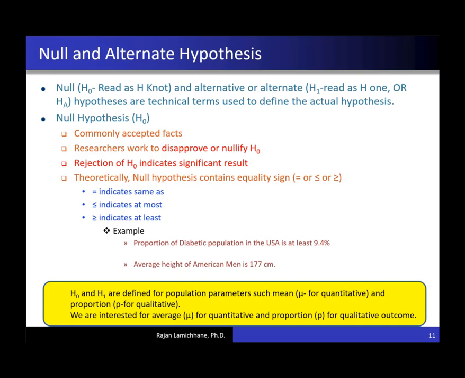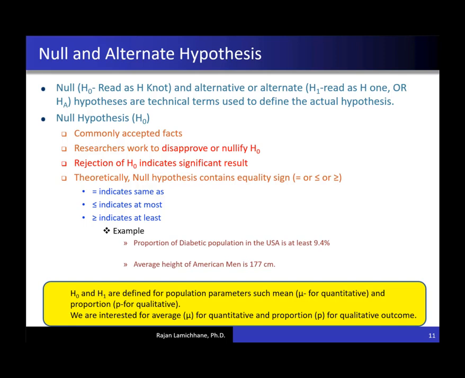Null hypothesis is a hypothesis we define based on commonly accepted facts, and most of the time we try to disprove or reject the null hypothesis. Once we reject the null hypothesis, only then is our result significant. The significance of any result comes after nullifying the null hypothesis.